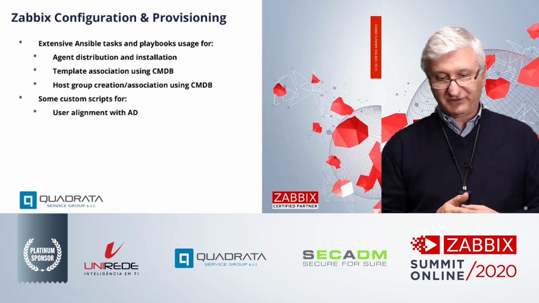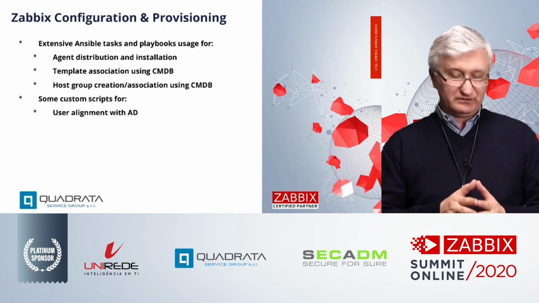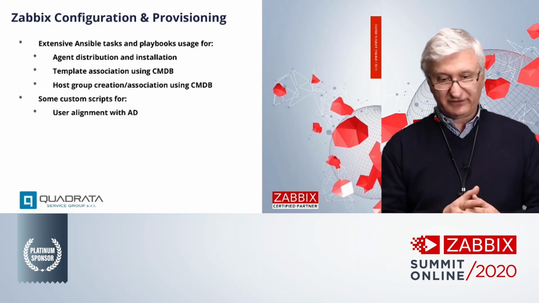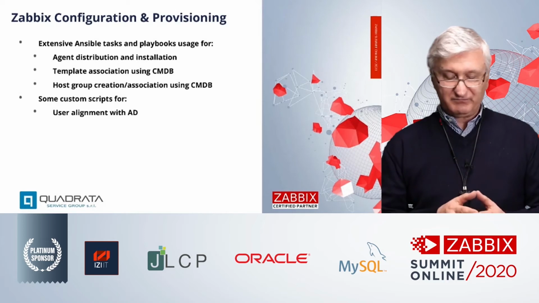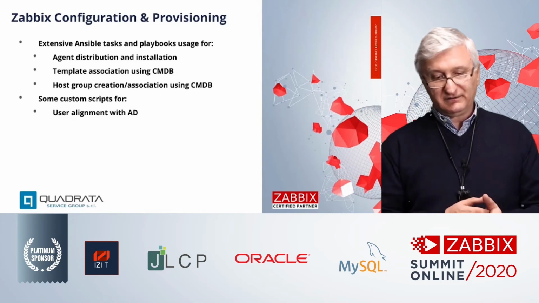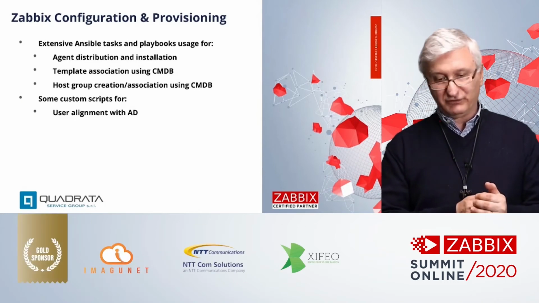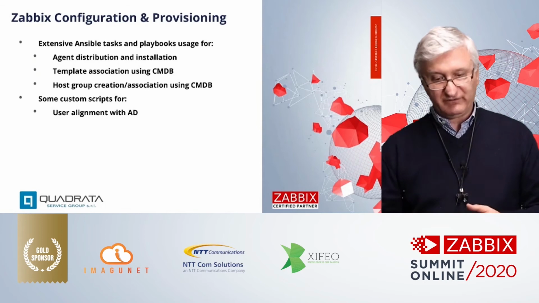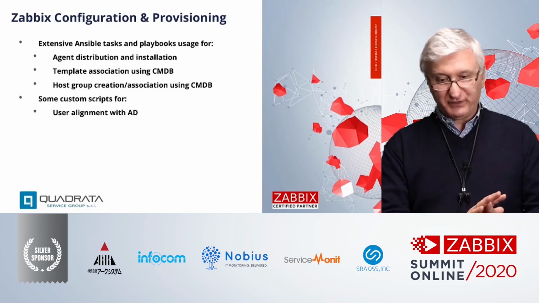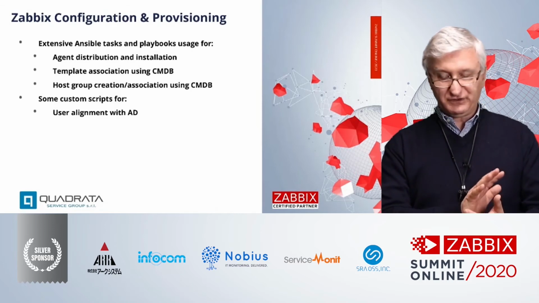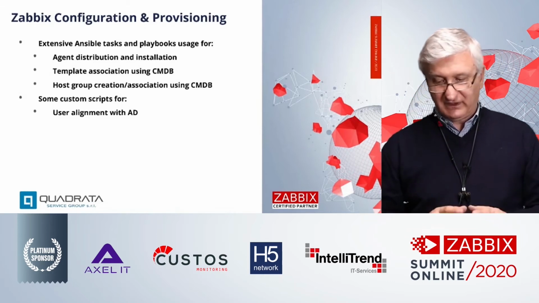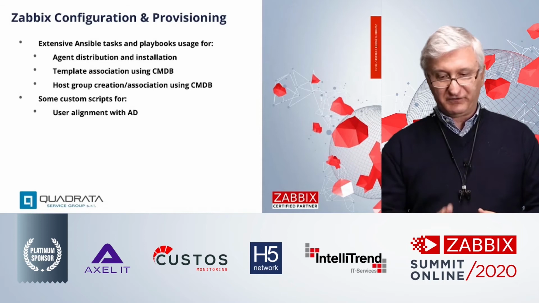Using Ansible, we are able to distribute the agent on all the servers, to automate the installation of the agent, to associate the templates to the hosts according to their role in the environment, and to associate also the host groups using information derived from the CMDB. So let me say a landscape that is strictly connected with the CMDB.